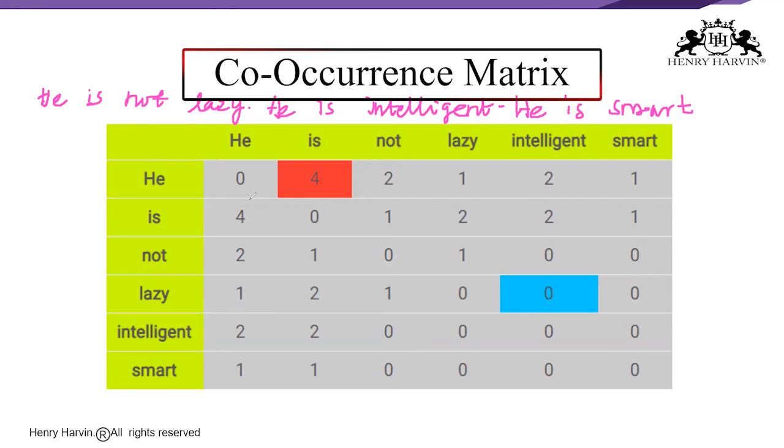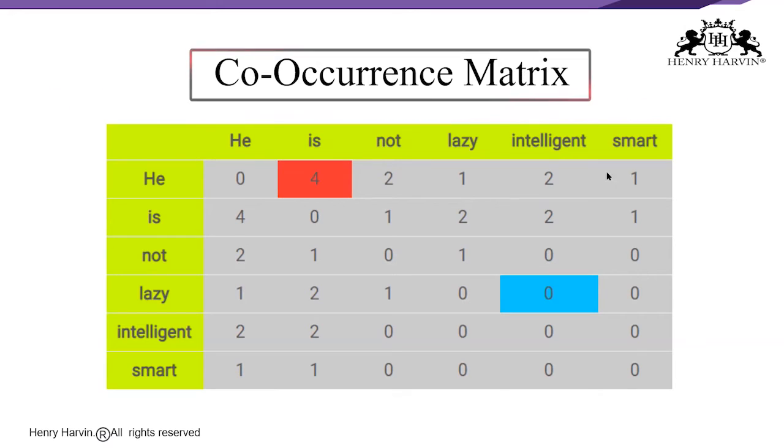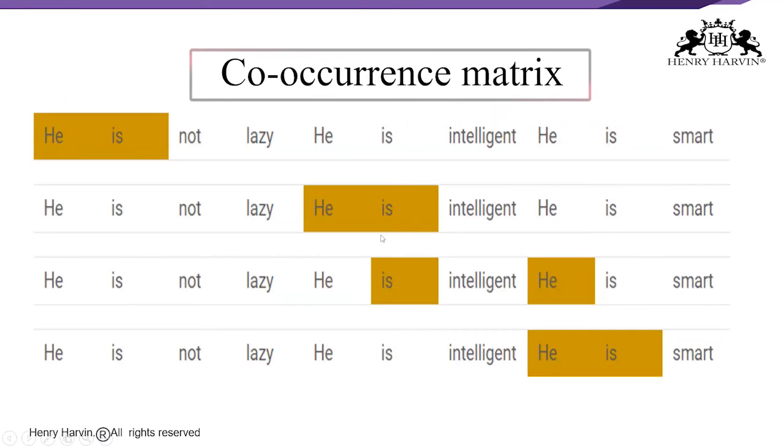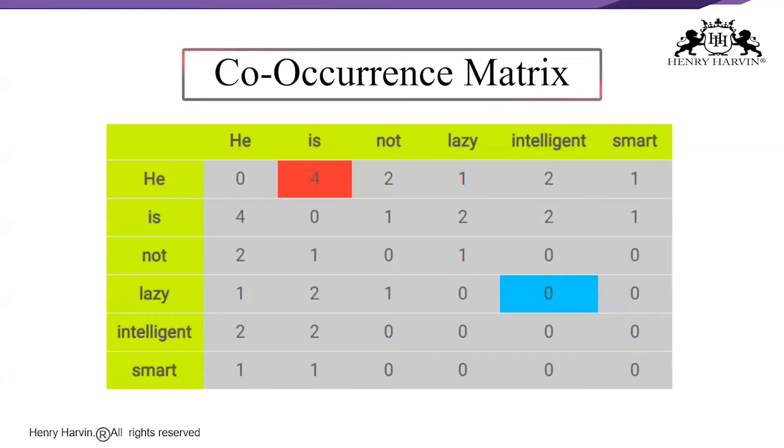Say, he is not lazy, he is intelligent, and he is smart, because I'm asking for "he is". So the red box tells us the number of times "he" and "is" appear in context window 2, and the count turns out to be 4.